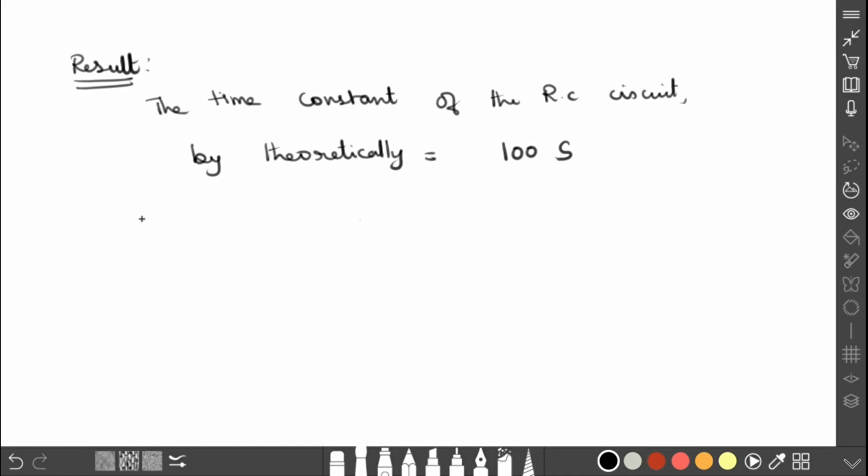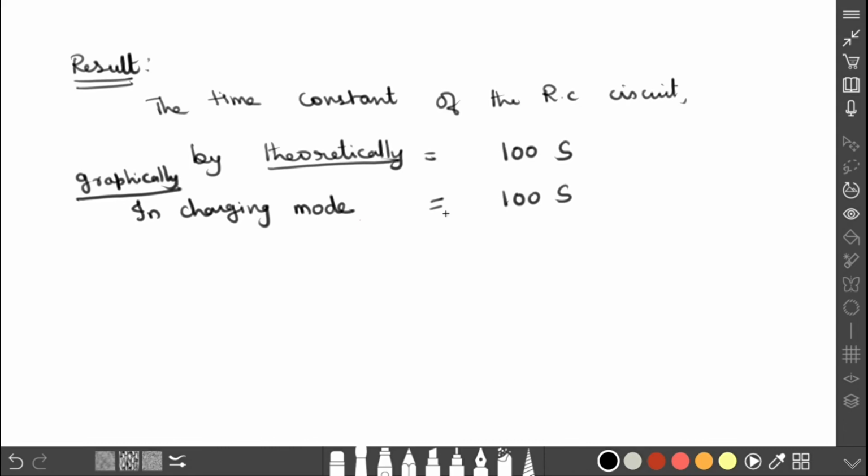Graphically, in charging mode, 100 seconds, and in discharging mode, it is equal to 100 seconds.